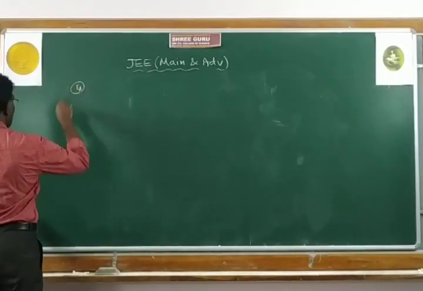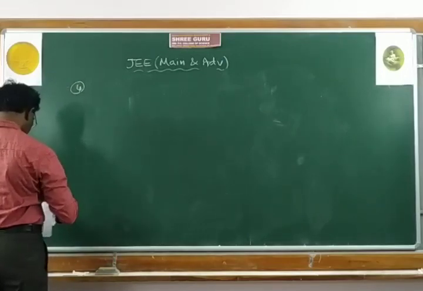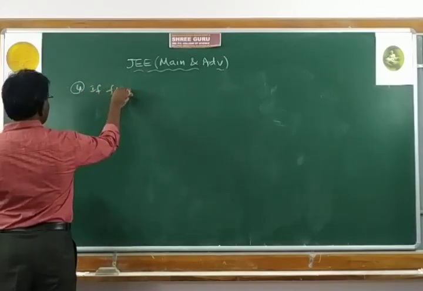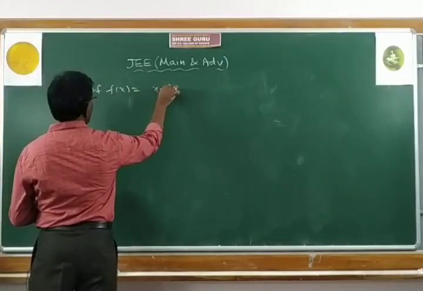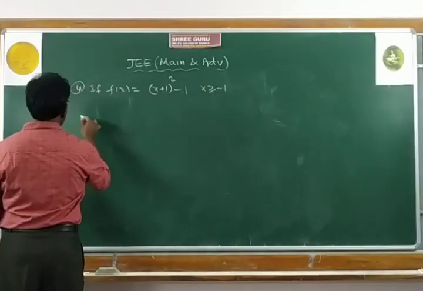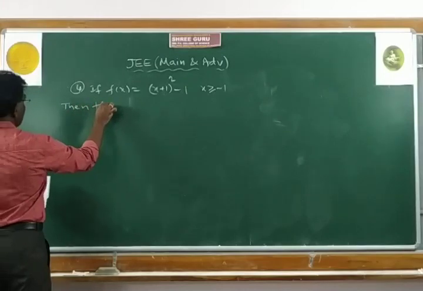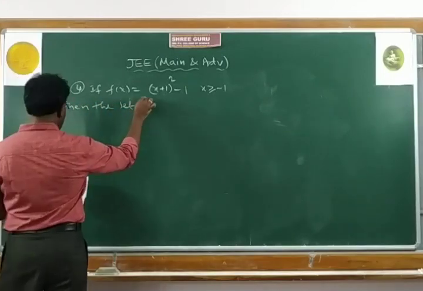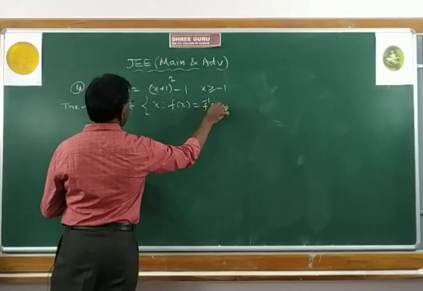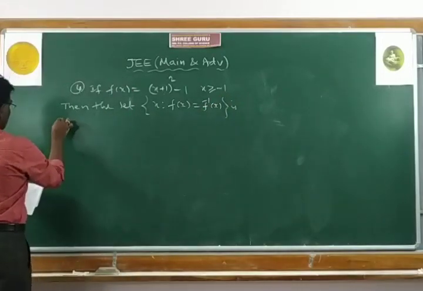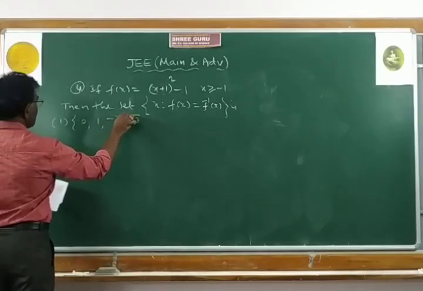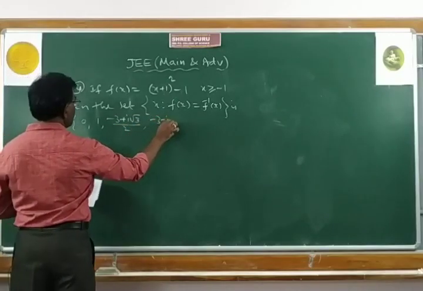Problem 4. If f of x is equal to (x plus 1) whole square minus 1, x greater than or equal to minus 1, then the set of x such that f of x equals f inverse of x is: first option, 0, 1, minus 3 plus i root 3 by 2, minus 3 minus i root 3 by 2.